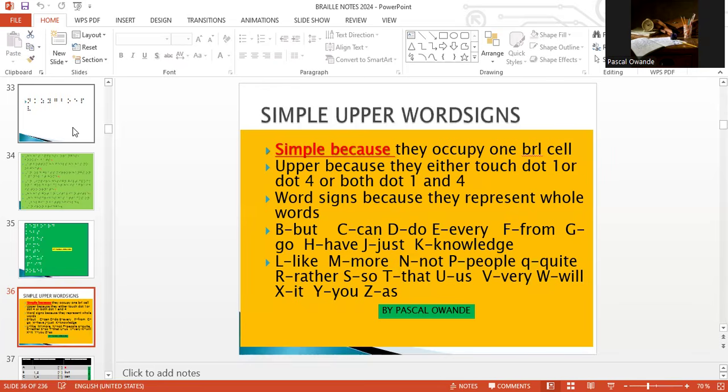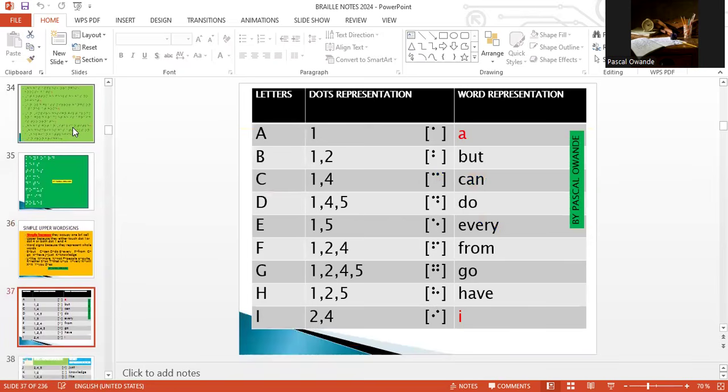They must stand alone to represent the whole words. And so letter A does not have its corresponding word, but it still represents article A.